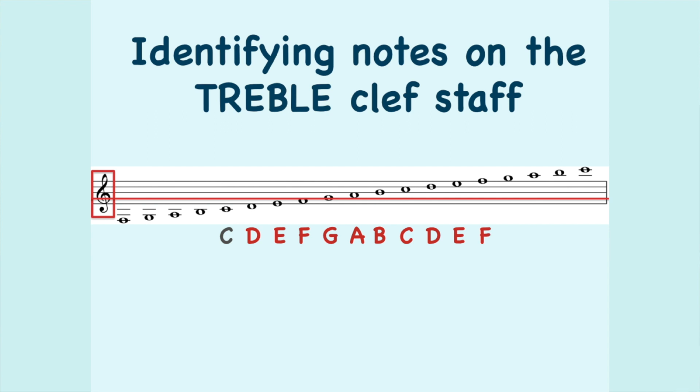The note right above F is G. Further ledger lines may be used for higher notes, so there are A, B, C, and so on. For lower notes, the note below middle C is B, because B comes before C in the alphabet. Adding more ledger lines below the treble staff, there are A, G, F, and so on.